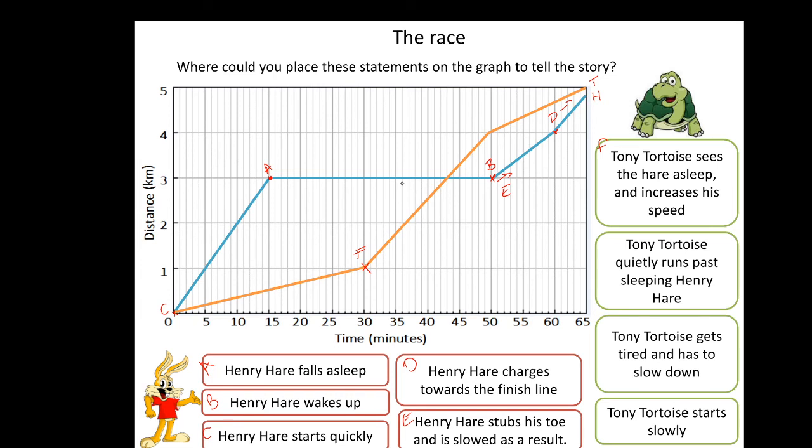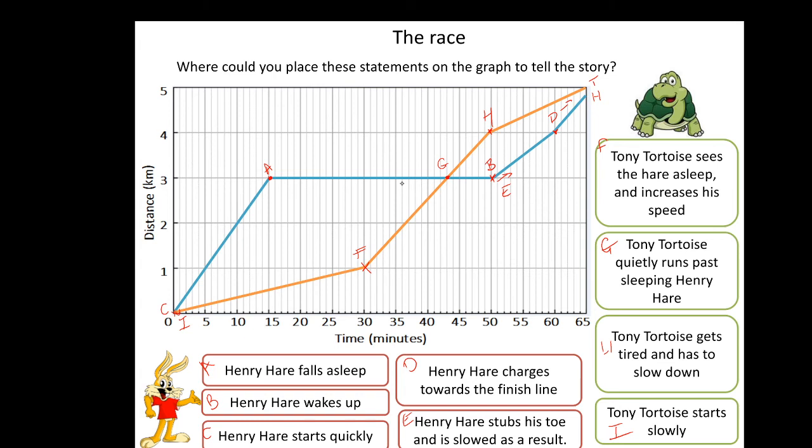Okay, so this is where, that point there, F, so on G, that's where they're the same distance away from the start point. Tony Tortoise gets tired and has to go a bit slower. So that's going to be here, H, and Tony Tortoise starts slowly, HI, so that's down here.